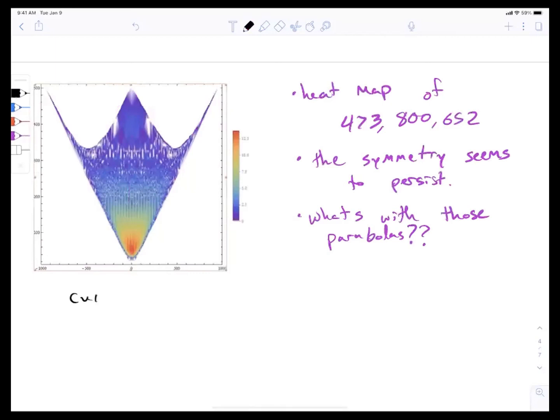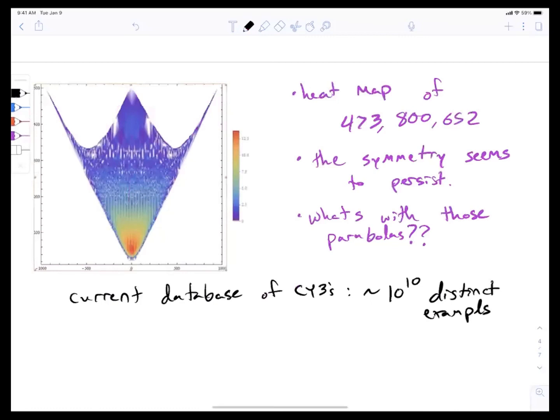And just for people that are interested in big data, the current database of all Calabi-Yau threefolds, so all possible candidates for our universe, is around 10 to the 10 distinct examples. This paper I was reading said it's perhaps the largest data set in pure math. I don't know if that's true, but that would be kind of cool.